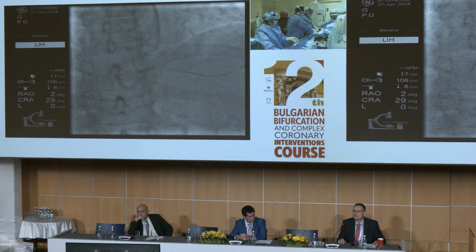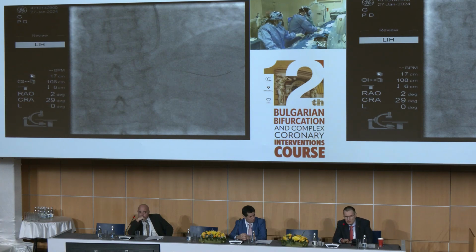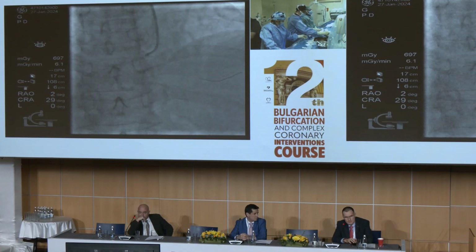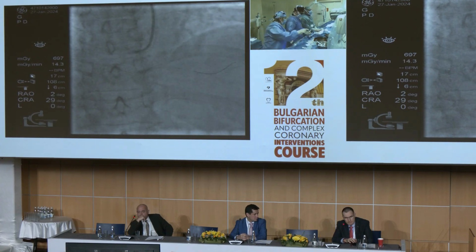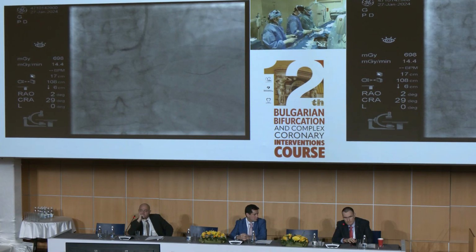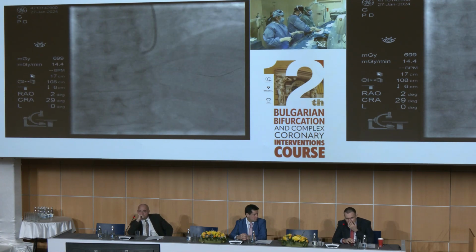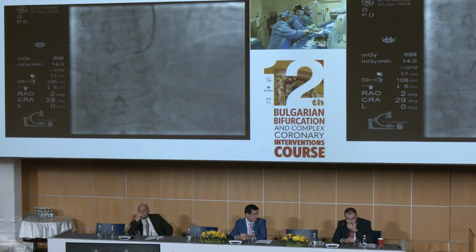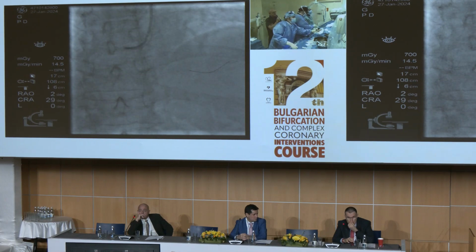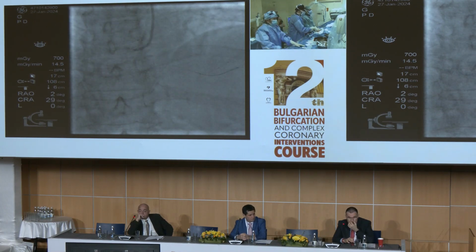All right. So what is your plan? We will do an echo now, just to be sure that there is not too much. During the manipulation of the wire, although the wire was clear, there was a staining of the myocardium there.